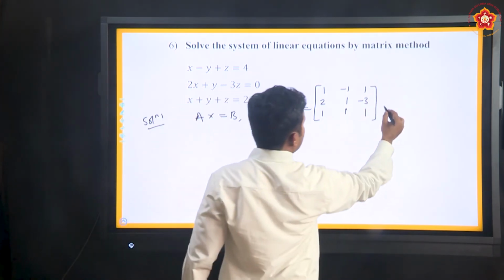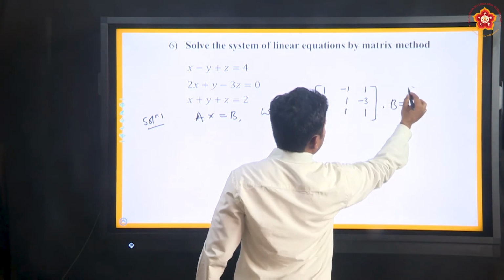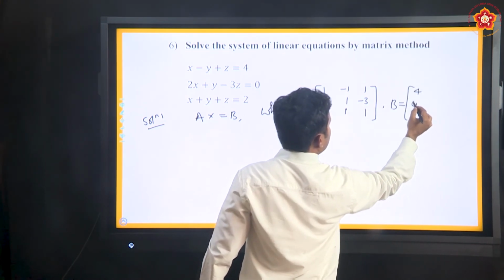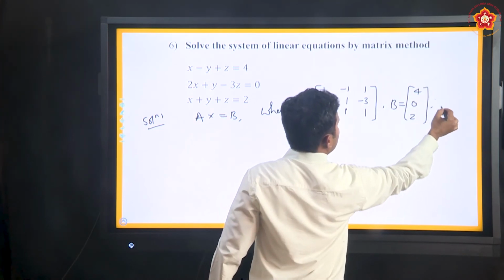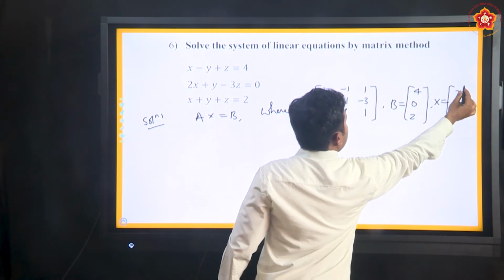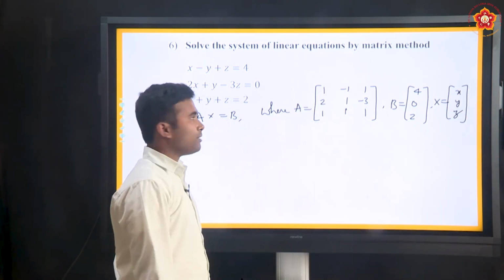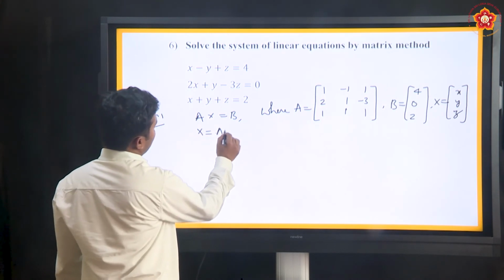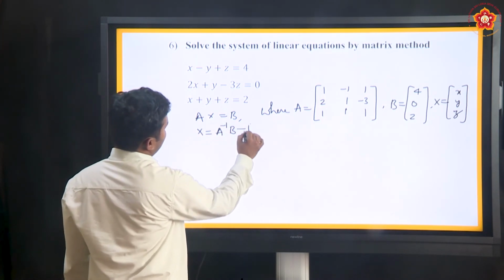What is B? B is 4, 0, 2. Now, what is X? X is X, Y, Z. Okay. Now, from this I can write X is A inverse into B. Okay, I will call it 1.